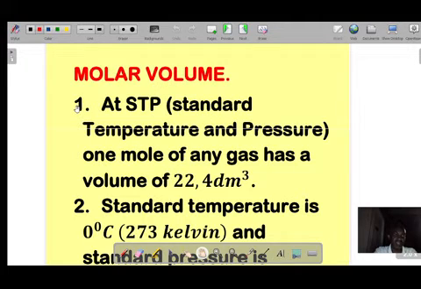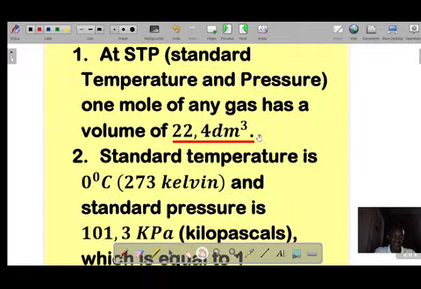Number one, at STP, that is to say, standard temperature and pressure, 1 mole of any gas has a volume of 22,4 decimeters cubed. Please don't forget that. We are going to be using that in our calculations shortly.